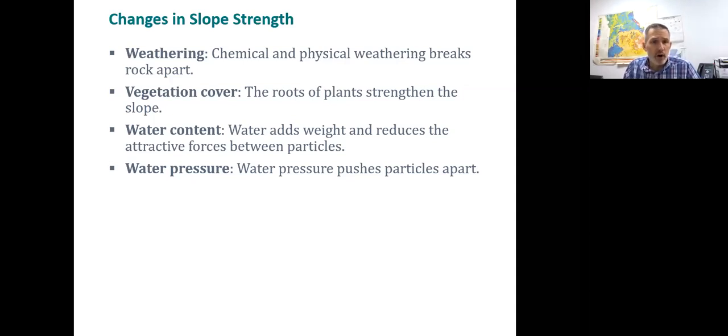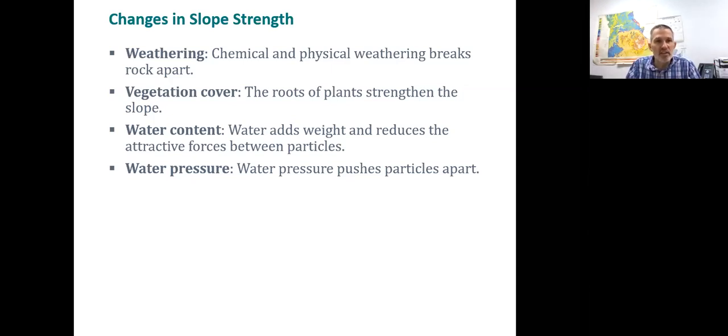Water content, as I've already mentioned, is going to add weight. All those pore spaces which had air and are now filled with water add to the driving force, so water is going to increase the driving force and reduce the resisting force, in that it can actually decrease soil cohesion. It can get in between those individual clay particles and make it real slick.